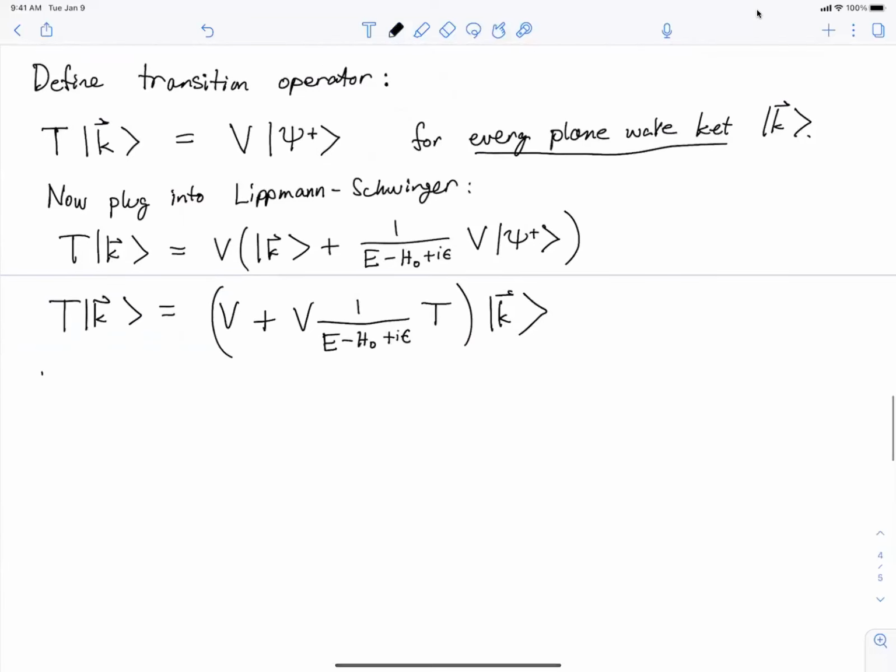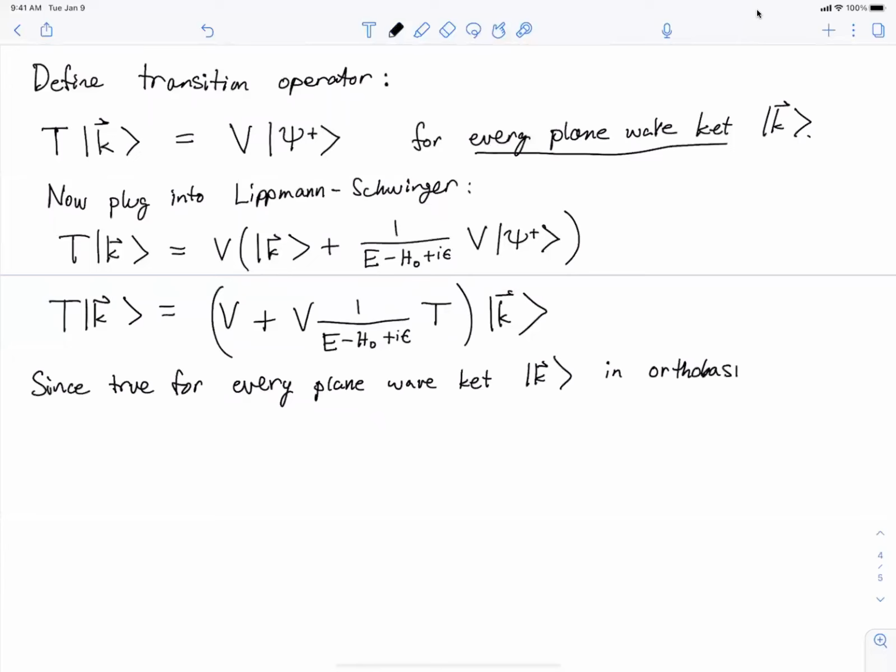Okay, so since it's true for every plane wave ket, and that's an ortho basis, then by linearity we just have the operator equation is true, that T equals V plus V, we have this funny inverse operator, times T again.